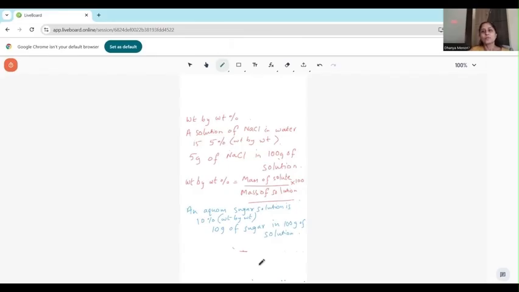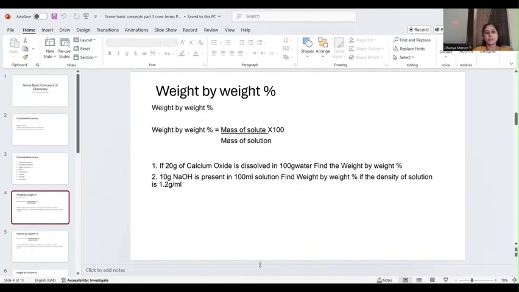Let's solve some questions based on this. So this is the formula, weight by weight: mass of the solute by mass of the solution times 100.